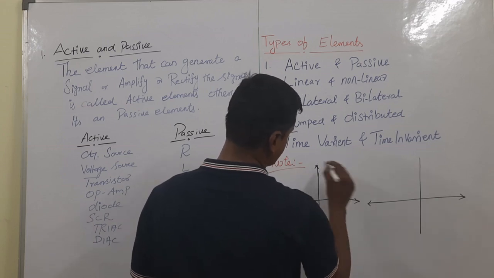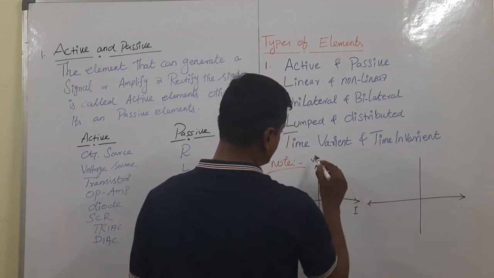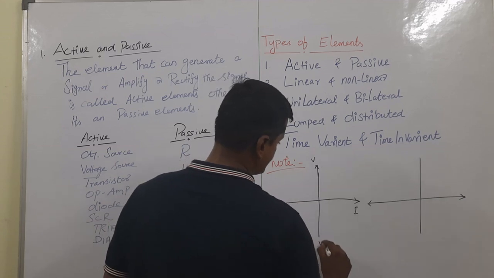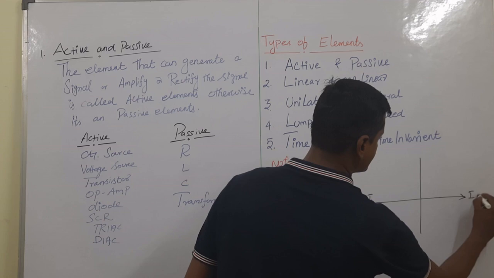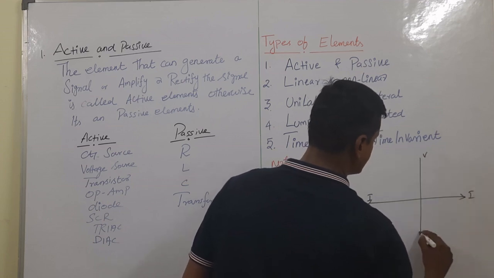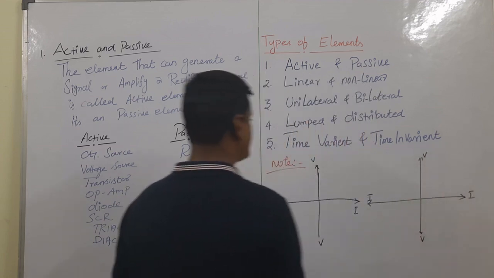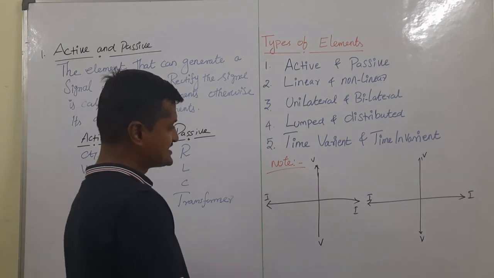For example, taking current I and voltage V, the first one is the passive element.